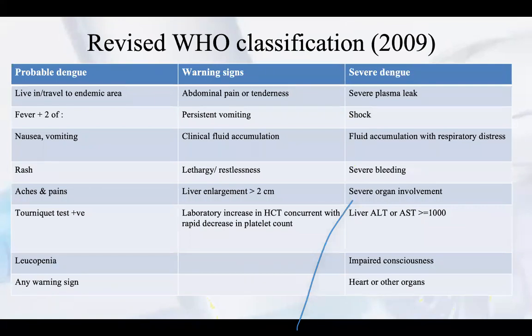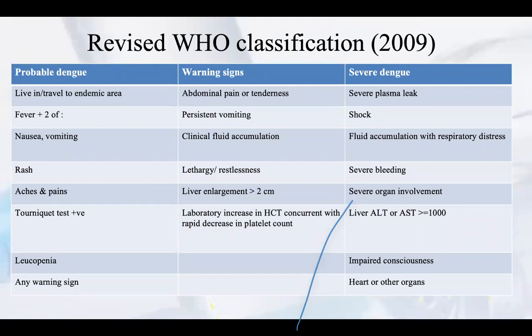Now the classification: probable dengue, warning signs, and severe dengue, and what to do. Probable dengue: the patient lives in or travels to an endemic area, with fever and two of the following: nausea, vomiting, rash, aches and pains, positive tourniquet test. Warning signs: abdominal pain or tenderness, persistent vomiting, fluid accumulation, lethargy, liver enlargement.